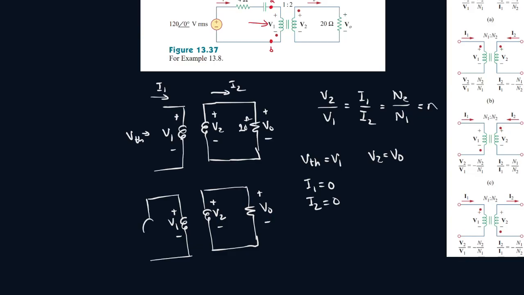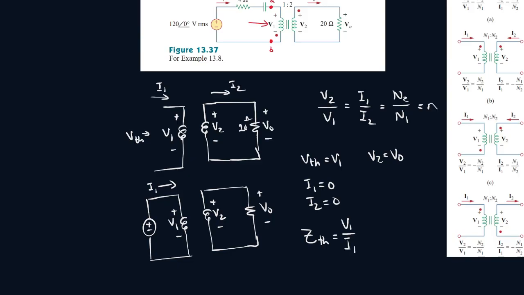Adding a test source here, don't worry about what the value is, the Thevenin impedance should be V1 over I1. So ZTH would be V1 over I1.